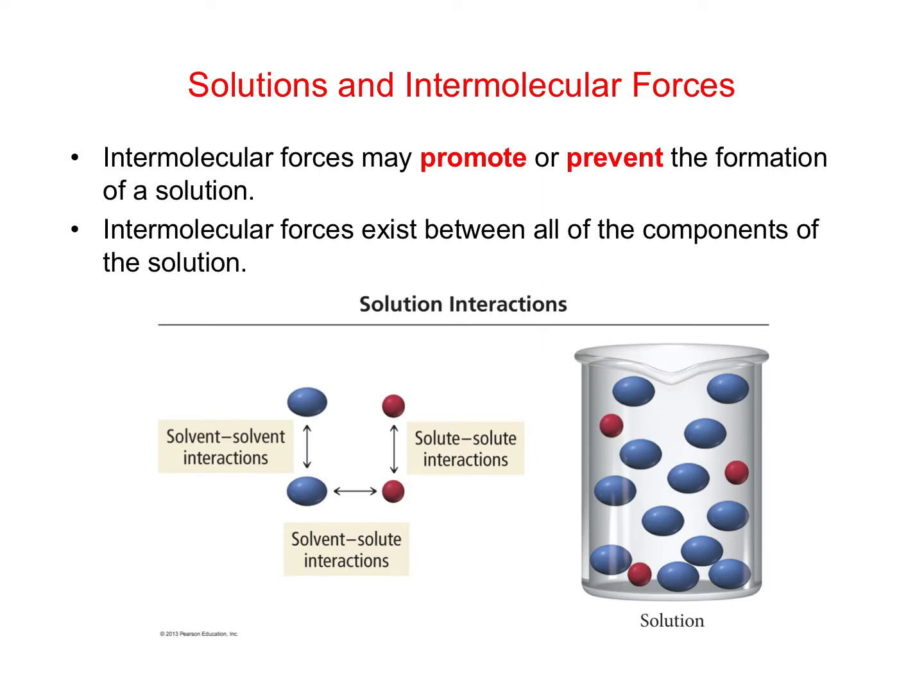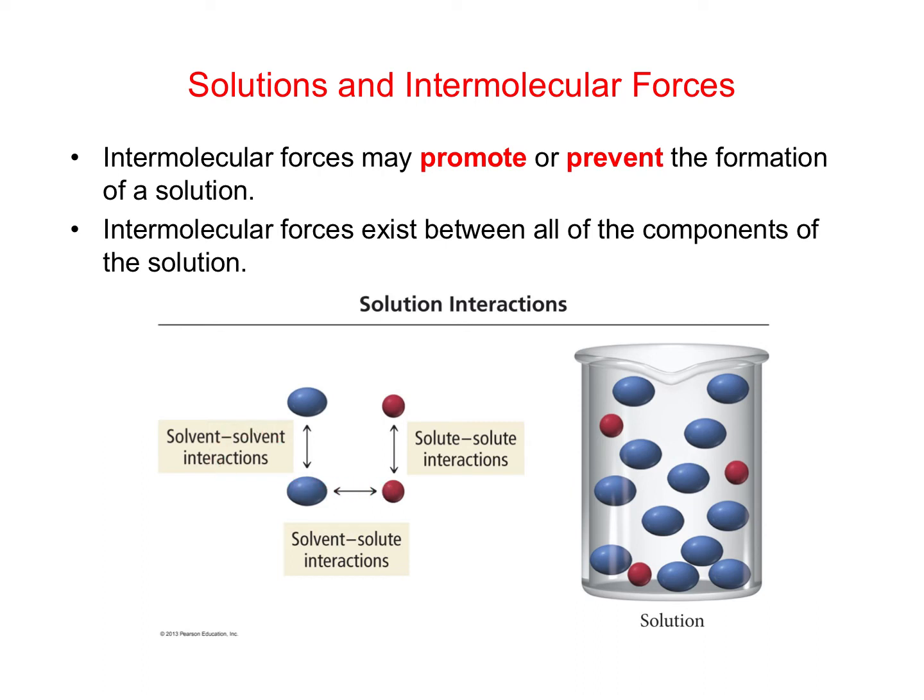So the next thing that I want us to consider is the energetics and the role intermolecular forces play in the formation of solutions. So when we form a solution, there are all kinds of intermolecular forces going on. Right, we have the intermolecular forces that exist between two solvent molecules. We have the intermolecular forces that exist between two solute molecules. And then we also have the solute-solvent interactions.